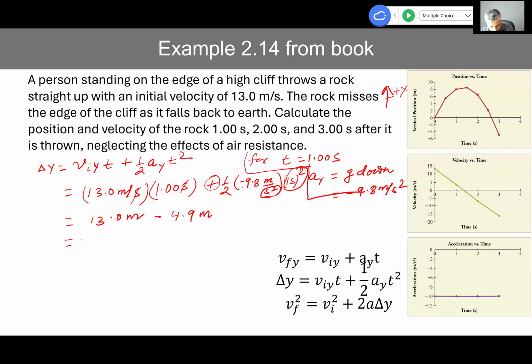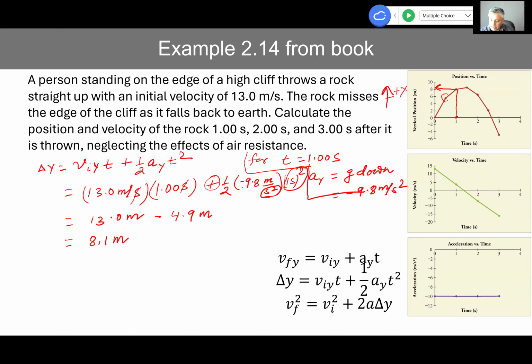Okay, 13 minus 4.9 is 8.1 meters. So if we look at this graph here, that's where that is. If you want to make a graph, you need many points.